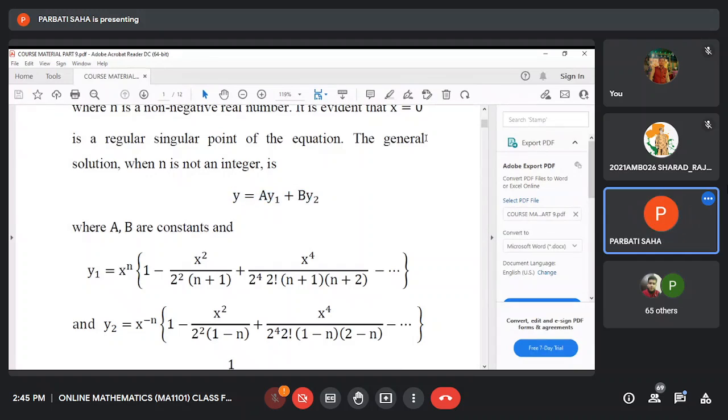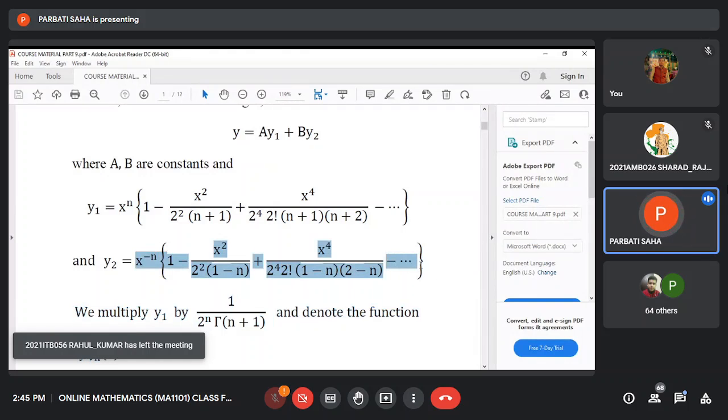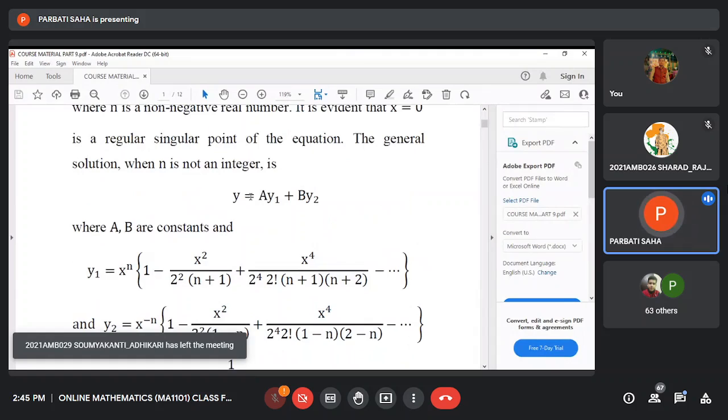The general solution is given by this, where n is not an integer: y equals a y1 plus b y2, where y1 is this and y2 is this, and a, b are constants.